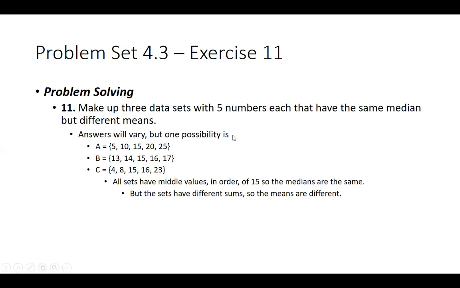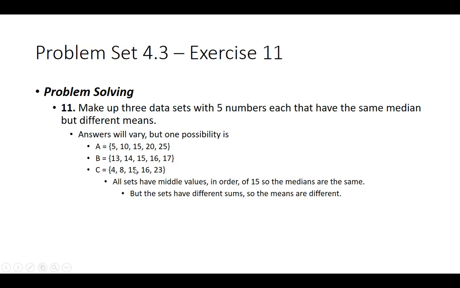Then I just have to make sure that they add up to different sums, because different sums divided by 5 will give me different means. So I used 5, 10, 15, 20, and 25 for the first one again. Keeping 15 as the middle number, I made 13, 14, 15, 16, 17 my set B, which adds up to a different number than 5, 10, 15, 20, 25 does.